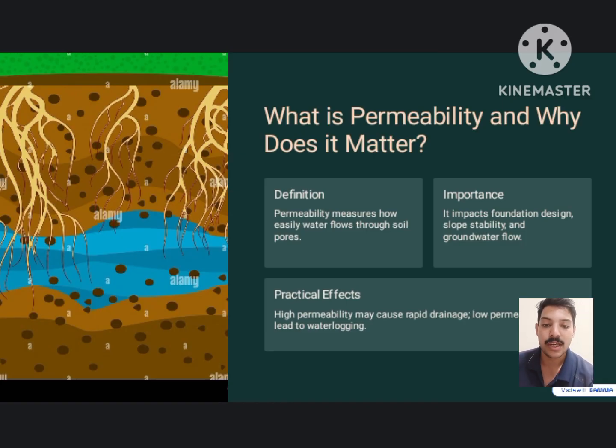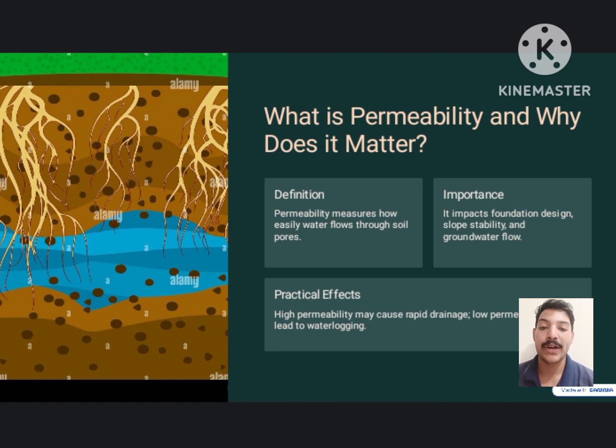Then, what is permeability and why does it matter? Definition: permeability measures how easily water flows through soil pores. It defines how water flows through the pores available in a soil. Importance: it is important for foundation design, slope stability and groundwater flow. Before doing any construction, we have to know the properties of the soil.